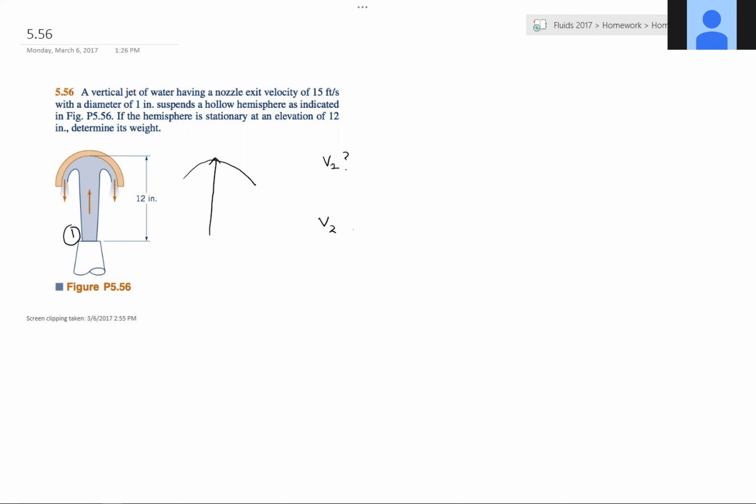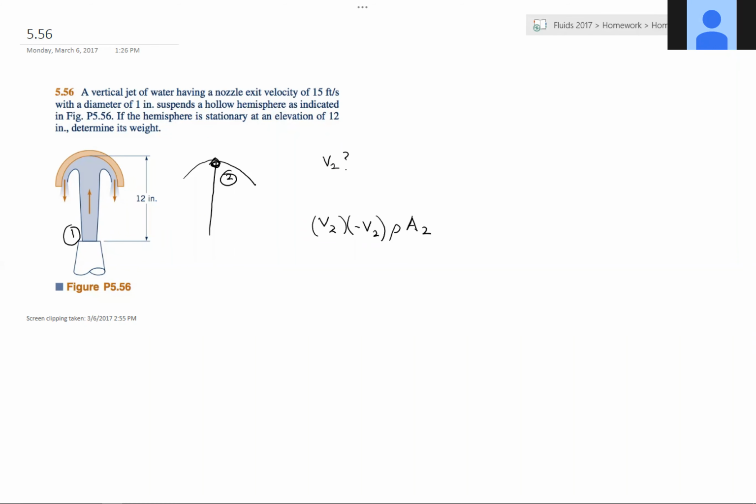How about our V dot N? What I'm calling 2 is right here where it's hitting the surface. So V dot N is going to be negative V2. And since everything else is normal, we'll just go rho A2.